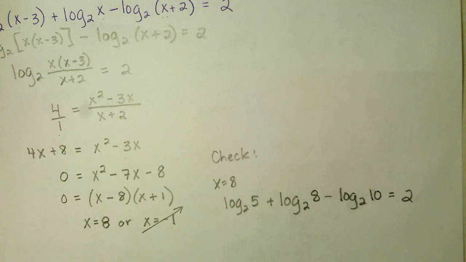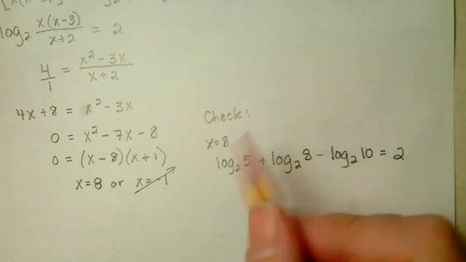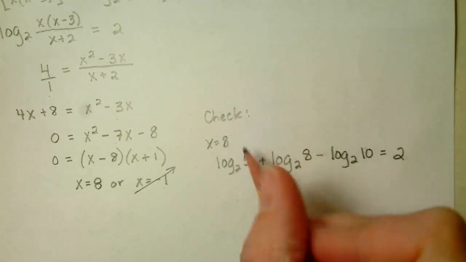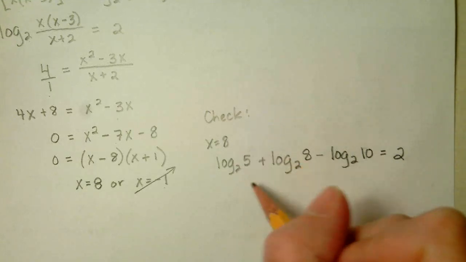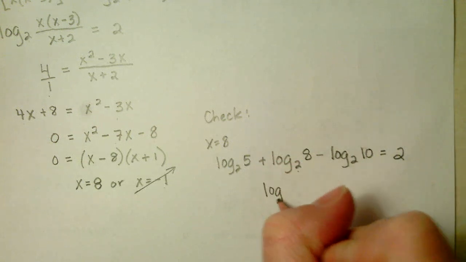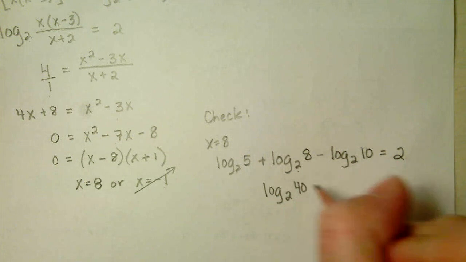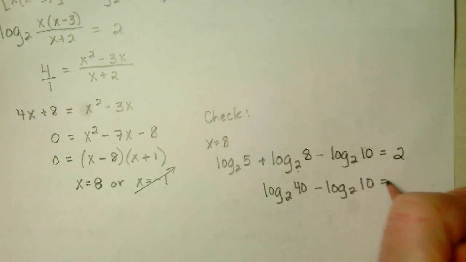So I am going to use the properties of logs and see what I can do here. So log 2 of 5, I can't simplify. Okay, so I am going to say log base 2 of 5 and log base 2 of 8 combined to be condensed to be log base 2 of 40 minus log base 2 of 10.